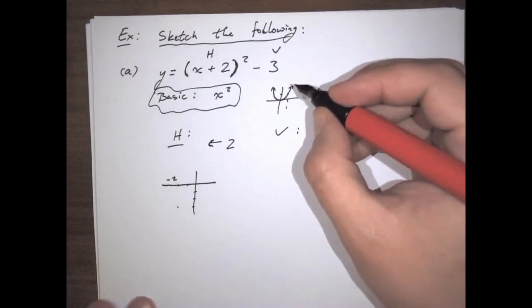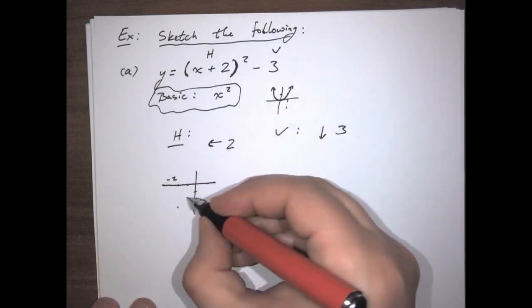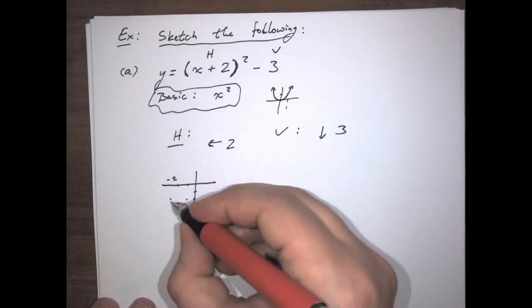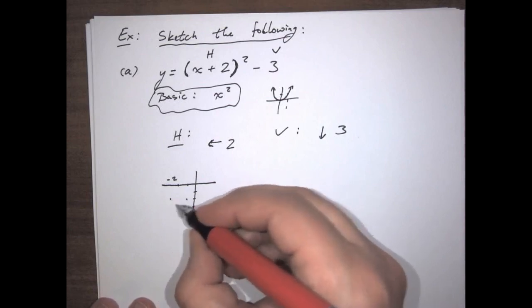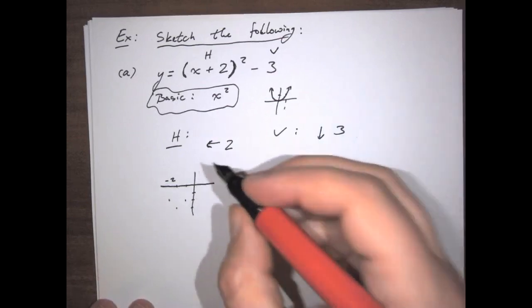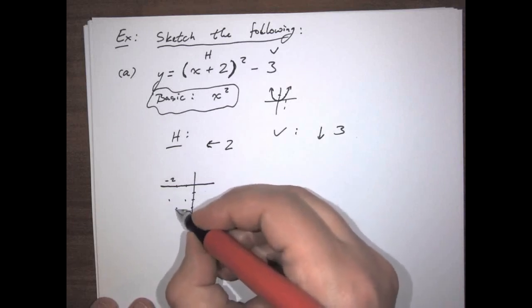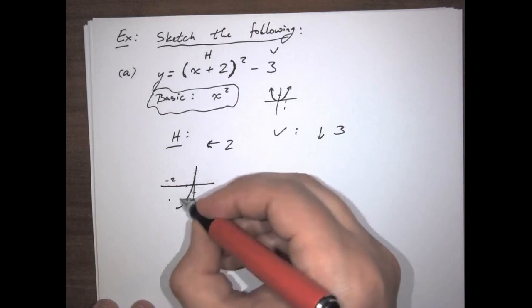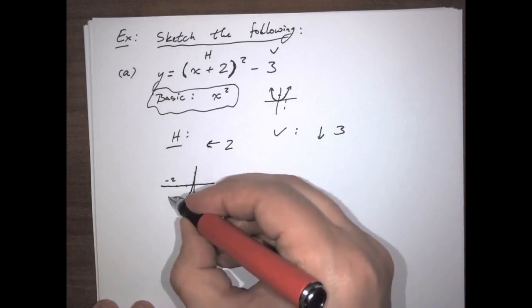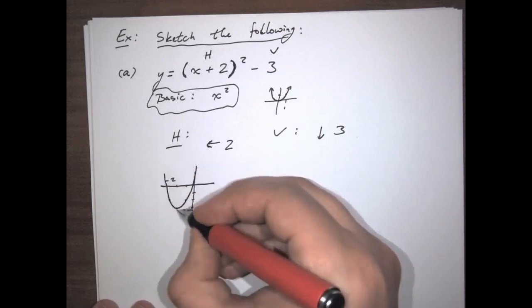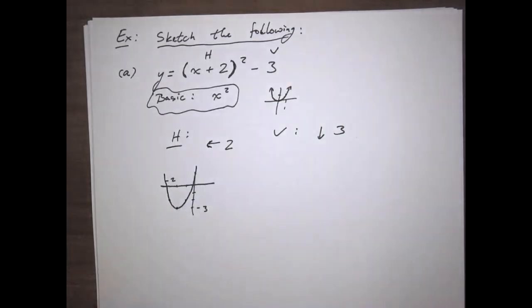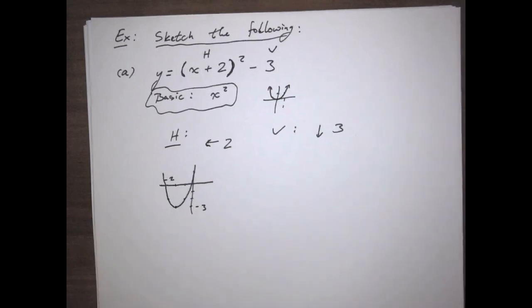So that'll help us set the pace of the parabola here. So it should be going up 1 as it goes to the right 1, and then after that it gets a little bit steeper. So there is the new graph, shifted to the left 2 units and down 3.